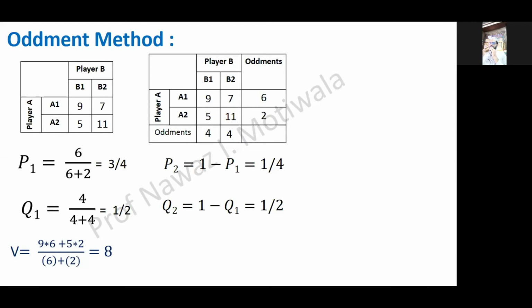So oddments is nothing but the chance of occurrence, which says that A1 has the probability that player A will use A1 with 3 by 4 times the chances. And similarly, A2 will be 1 by 4.